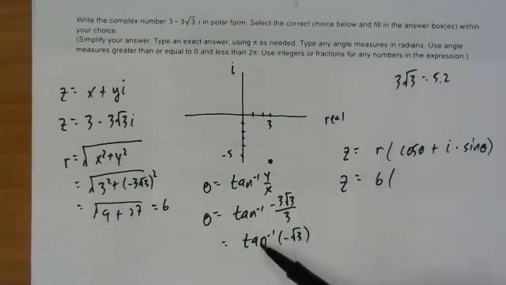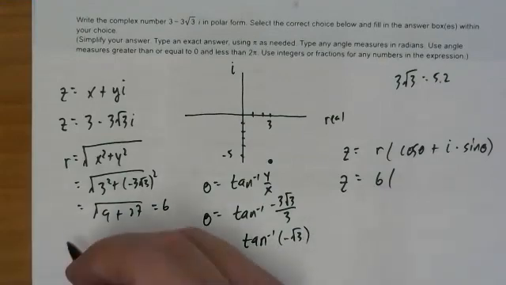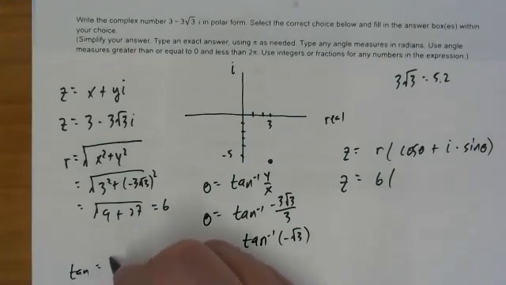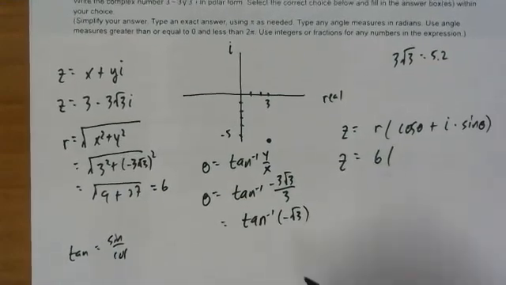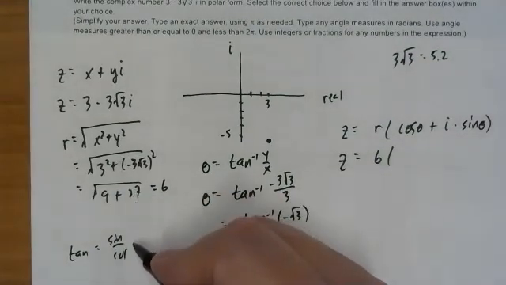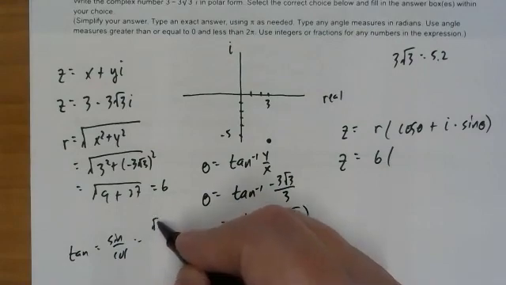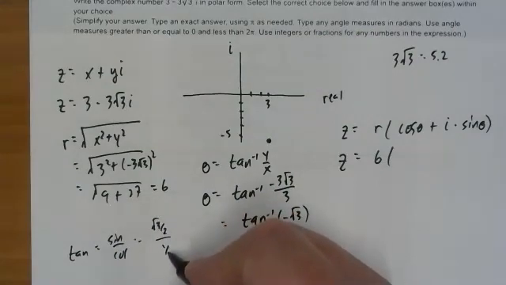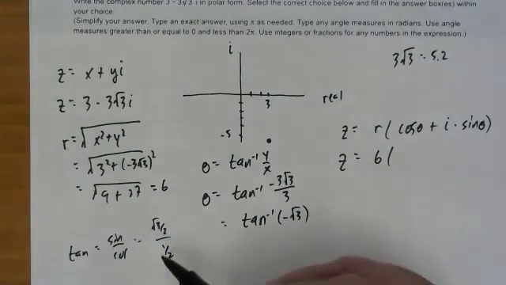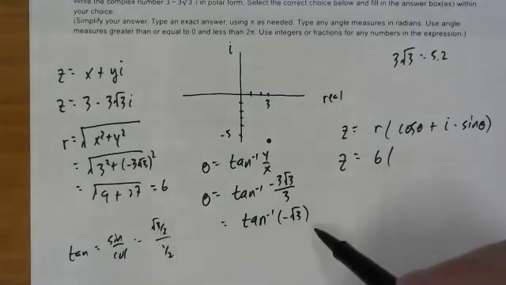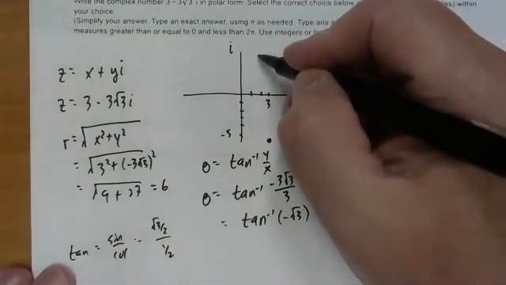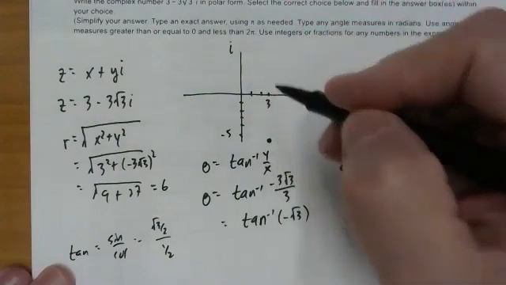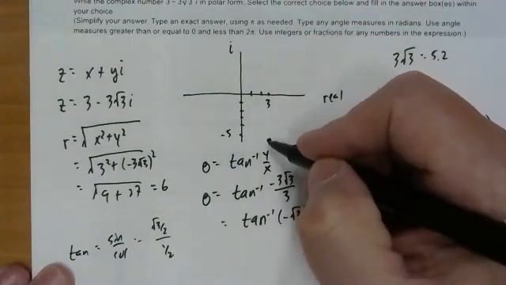Now, if we're looking for an angle where the tangent is negative square root of 3, because tangent is sine over cosine, I want one of my special angles that ends up with square root of 3. And that's going to happen with square root of 3 over 2 divided by 1/2. That's one of my special angles, because this would equal square root of 3. That occurs at pi over 3 or negative pi over 3.